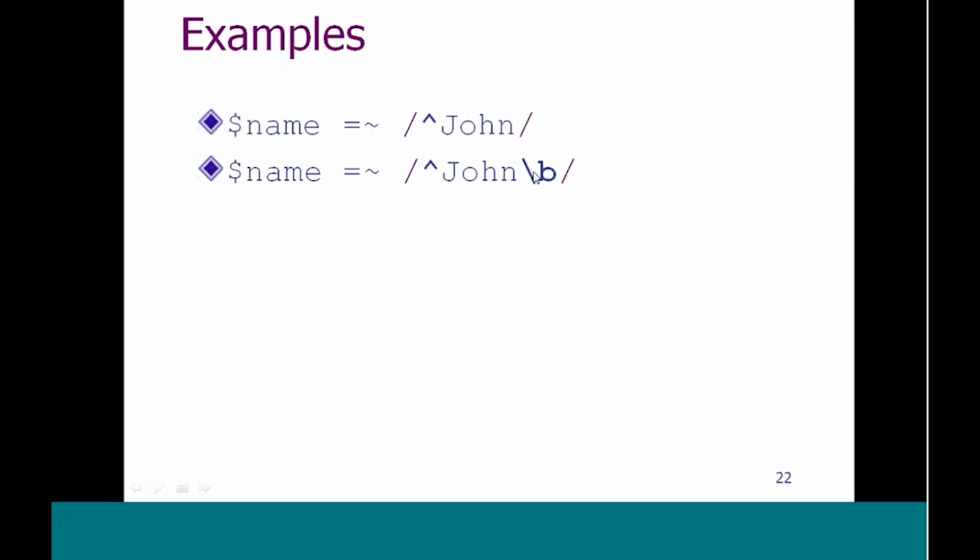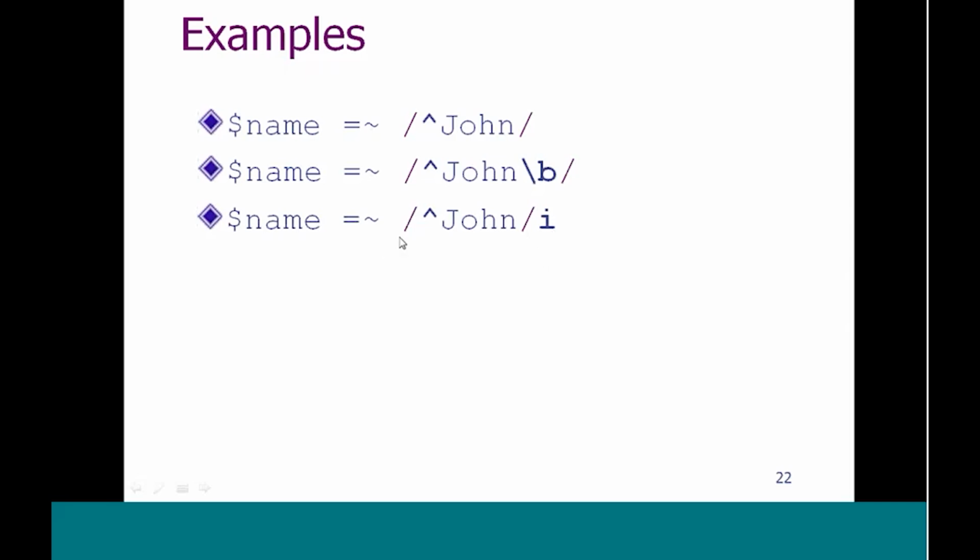Now we follow it with a \b, which denotes a blank character or a white space. And in this one it's kind of different. Now we say that it's John and then /i.